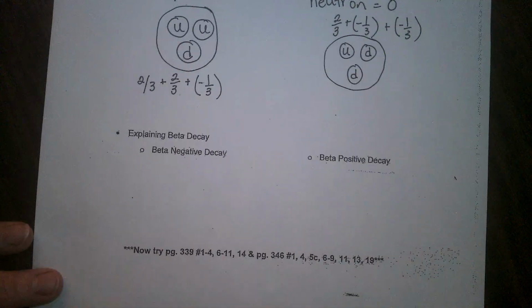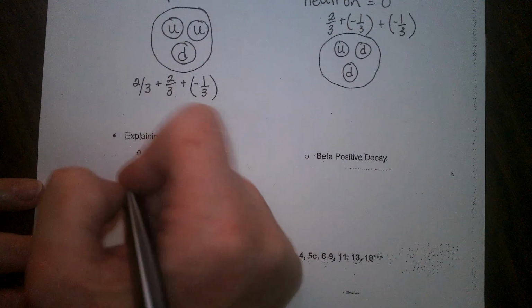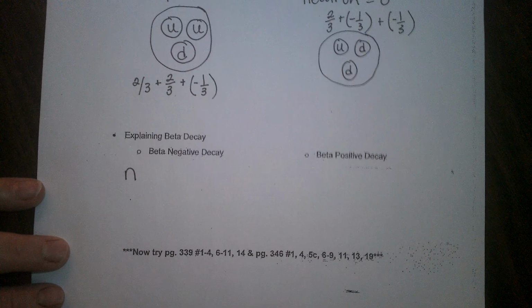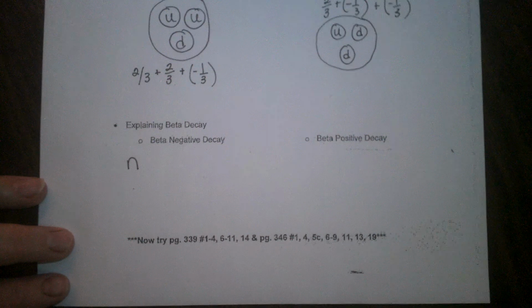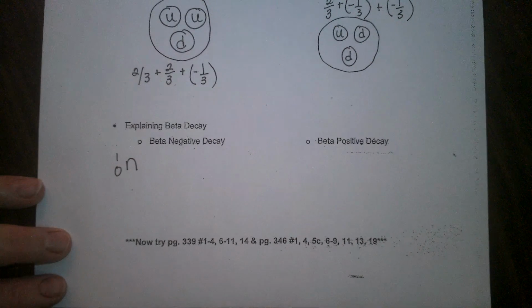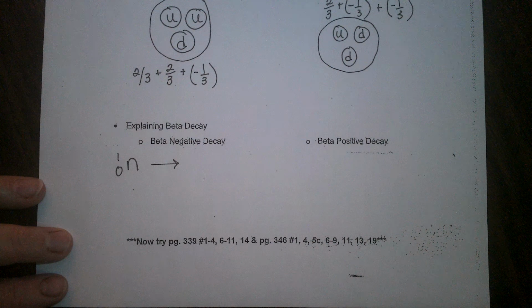Okay. When we look at beta negative decay, let's start with a neutron. What are the A and Z values for a neutron? 1 and 0. Okay.